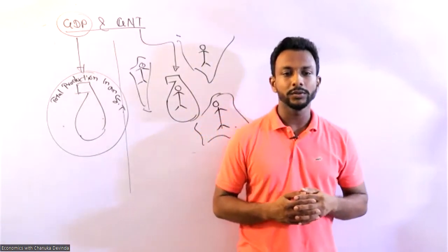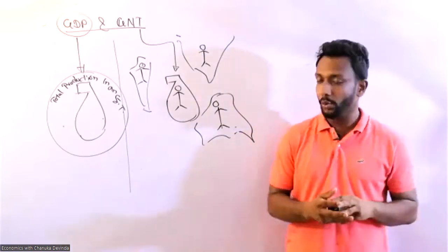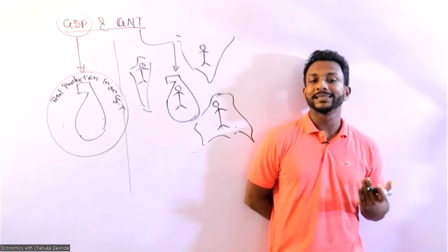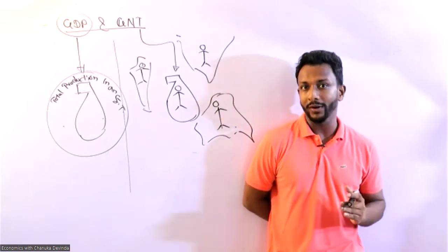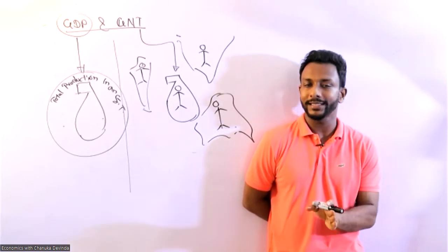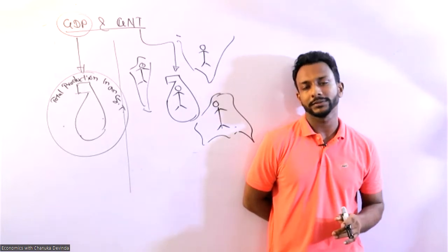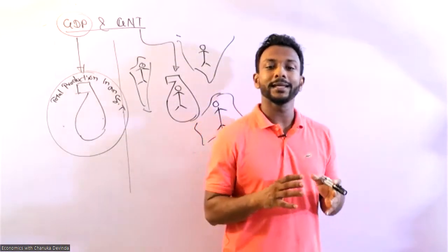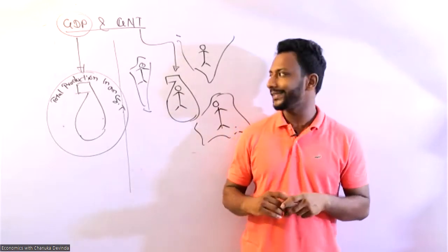We'll read the note. GDP is the total value added of goods and services produced by all residential economic units within an economic territory over a period of time.